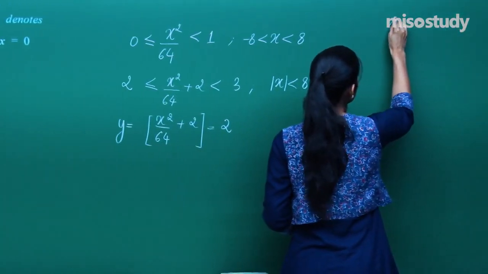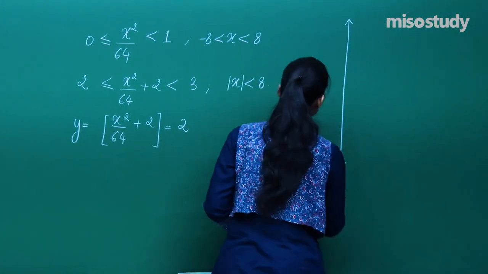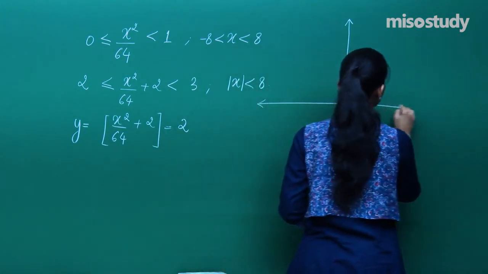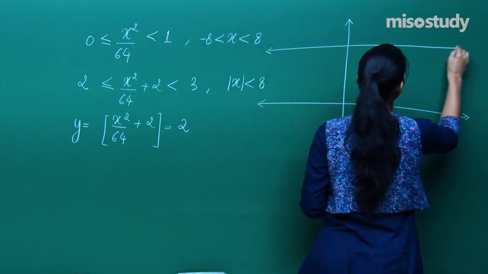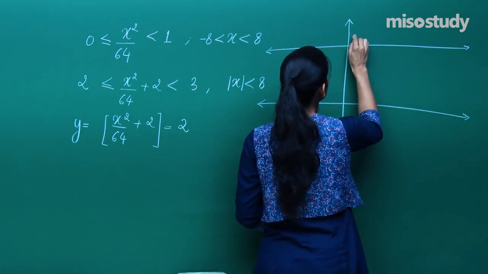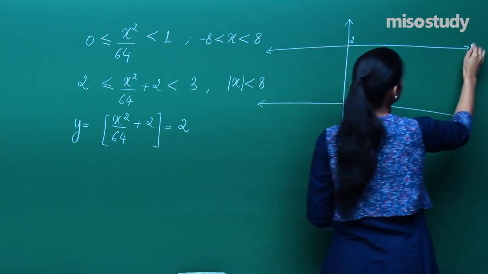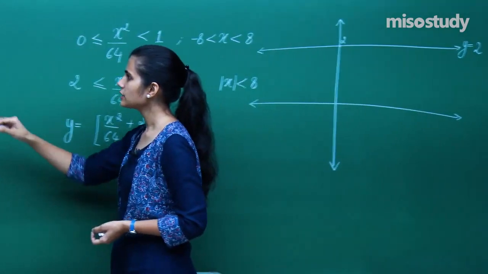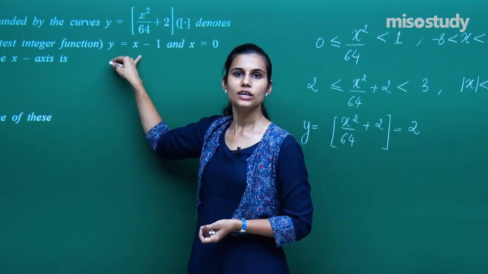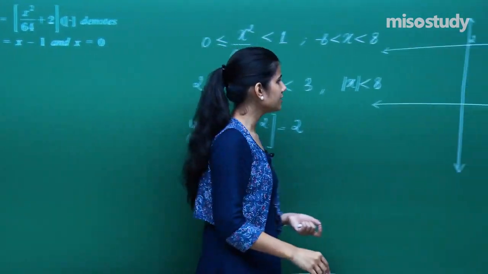So if I talk about the region to plot, it is actually y equals 2. This is the point 2. This line is y equals 2. Next you have y equals x minus 1. When you put x equals 0, you get y equals minus 1.